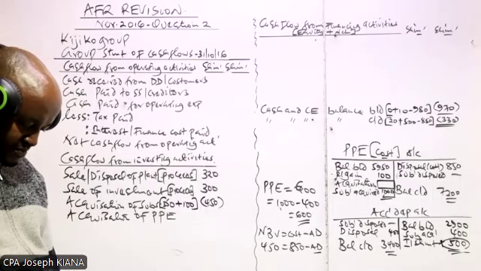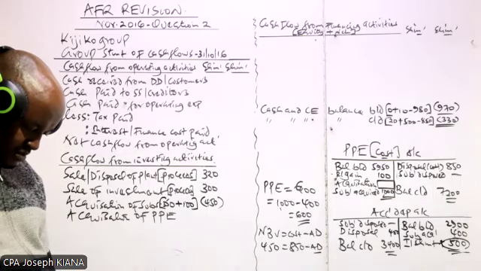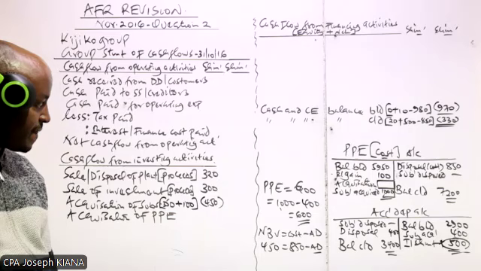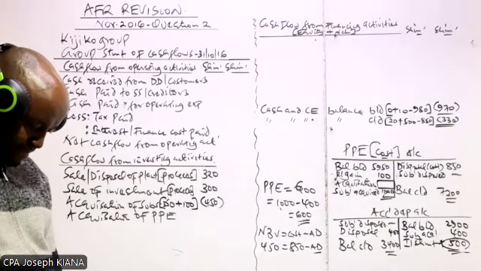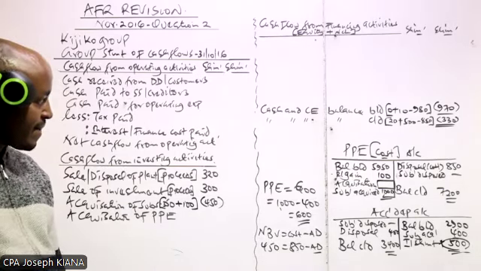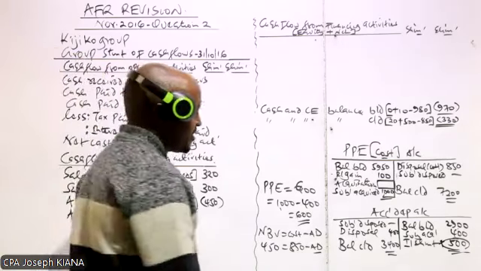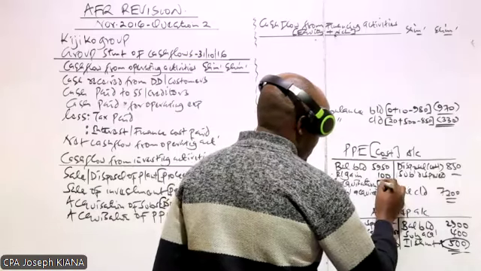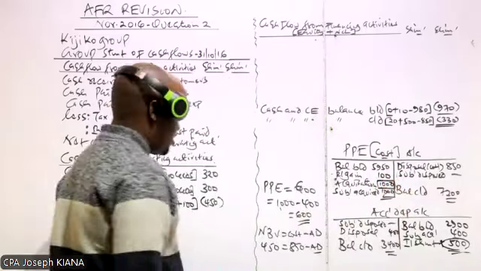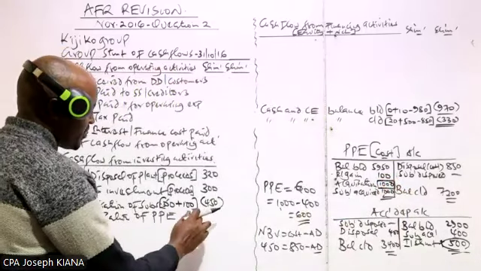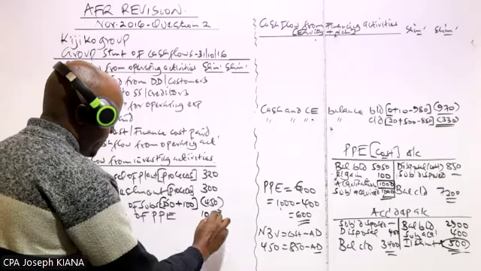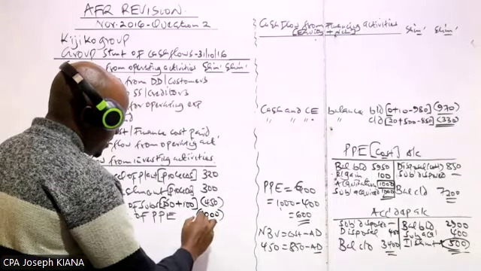What are you getting? Yes, I'm given 1,000. So 1,000 represents the PPE which were acquired. We record it here. And basically that is a cash outflow.